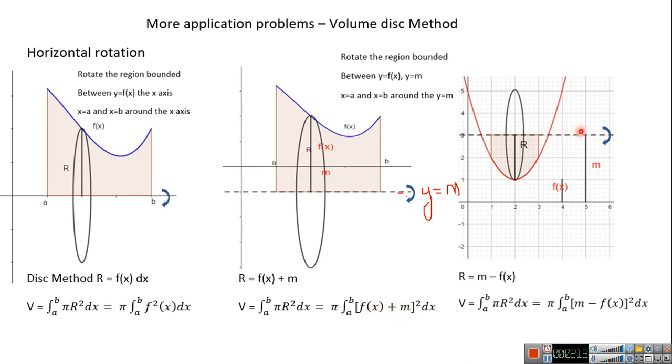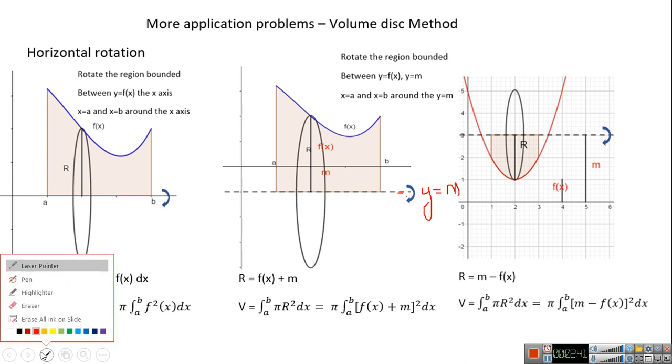If you have it that sort, you have here the parabola, for example. Here you want to rotate the region bounded between the parabola and y equal to m. This is m. So you want to rotate across y equal to m. Also the axis of rotation is a boundary, so we do the disk method. This is the radius from the axis of rotation towards the other boundary.